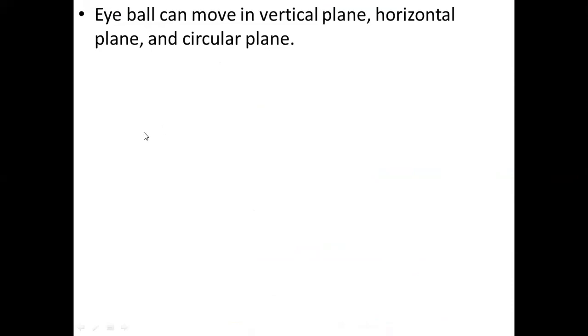Eyeballs can move like this vertically, even horizontally, and circular. Like when we say looking around in circles, right? That is the circular plane; it can move in vertical plane, horizontal plane, and circular.